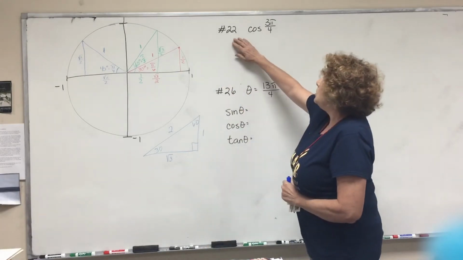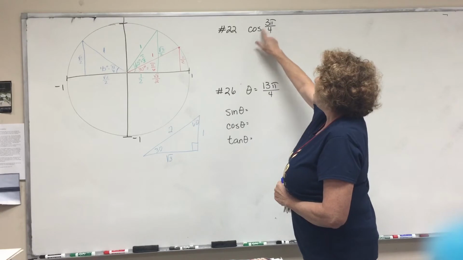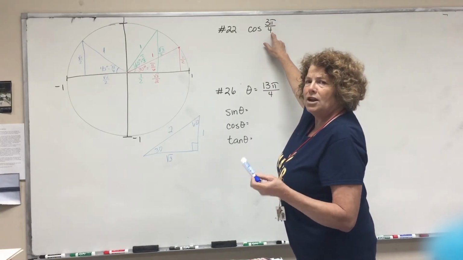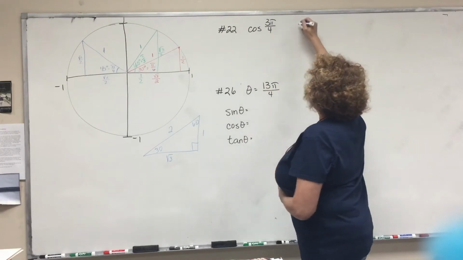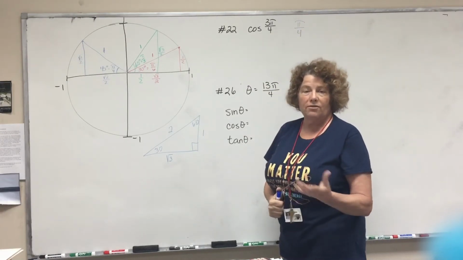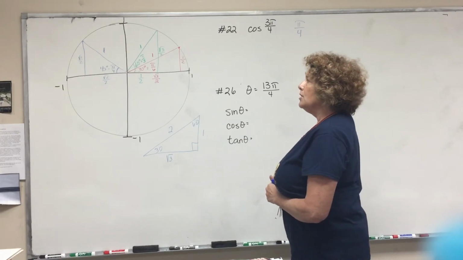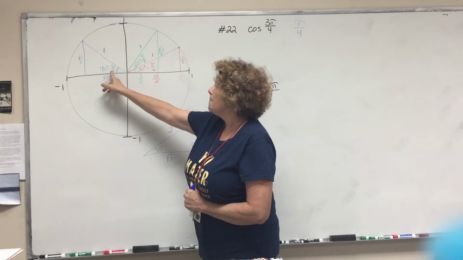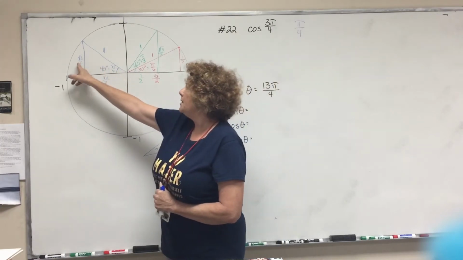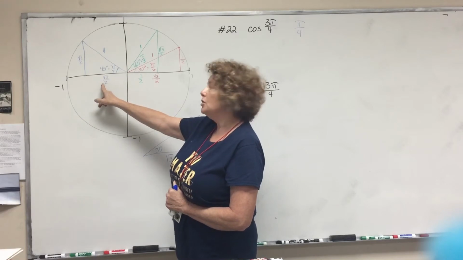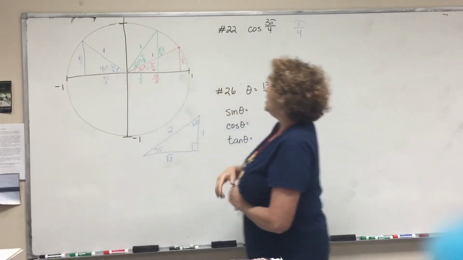So in number 22, it wants you to find the cosine of 3 pi over 4. Well, if you remember from the last video, the reference angle is just pi over 4, which is 45 degrees. So if we look at the reference angle pi over 4 on your unit circle, we know that the side opposite is root of 2 over 2, the side adjacent is root of 2 over 2, and the hypotenuse is 1.